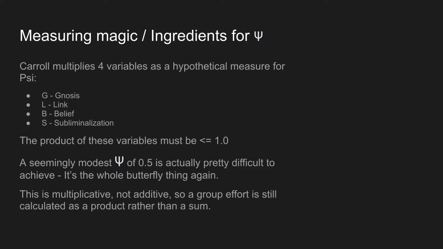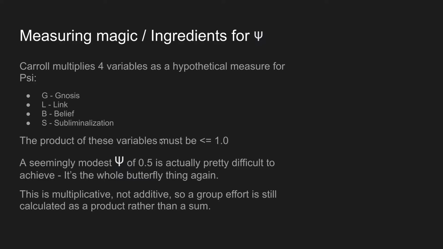I like to rename these a little bit, because depending on which piece of his you read, he might frame these as the flip side component. Subliminalization might be how receptive you are to something, and he's going to put it in the equation as 1 minus this to get the flip side of the probability.